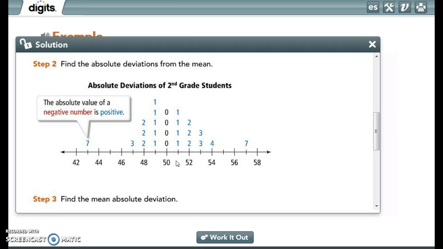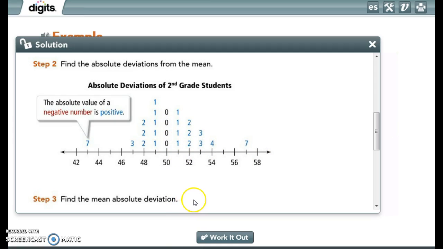So now that you've recorded those absolute deviations, we're ready to find the mean absolute deviation. On your own, add up the deviations for each data value. To start out, that would be 7 plus 3 plus 2 plus 2 plus 2 plus 1 plus 1 plus 1 plus 1 plus 1 plus 0 and all of your data values thereafter.